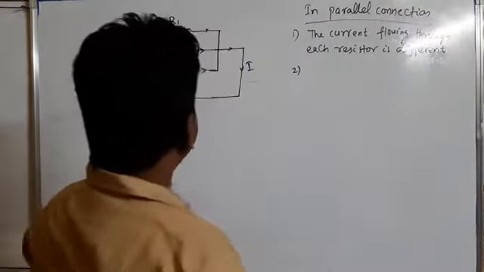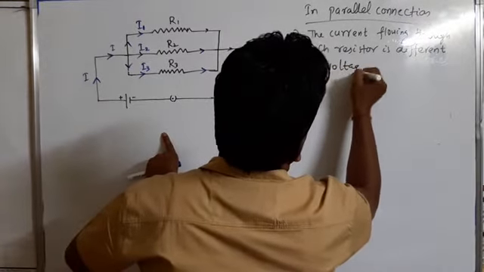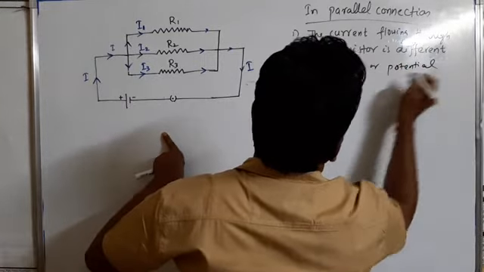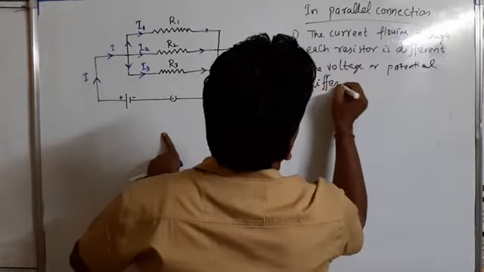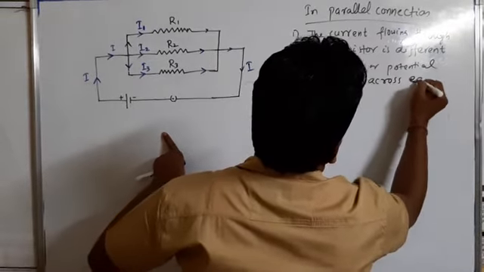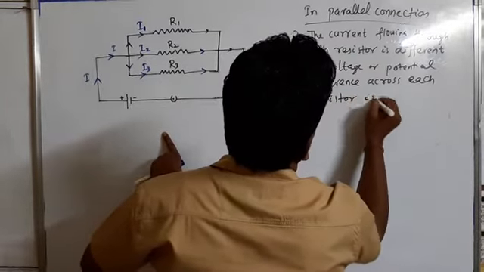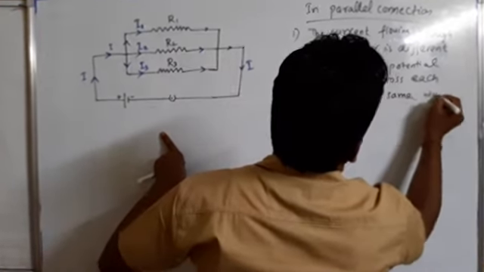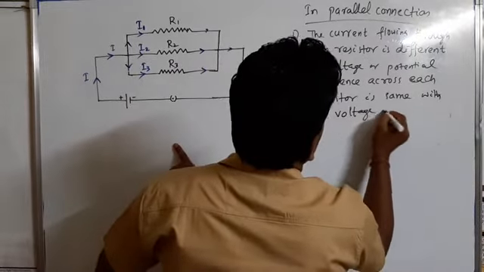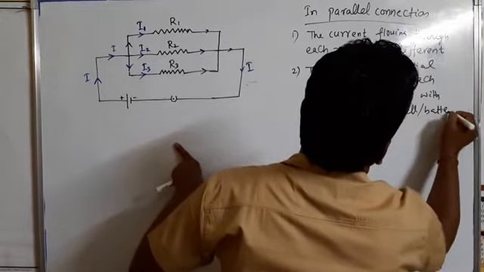But second thing, the voltage or potential difference across each resistor is same with the voltage of the cell or battery.